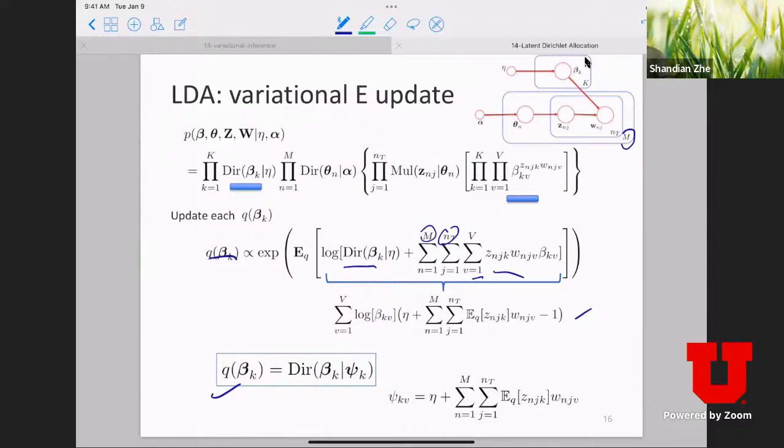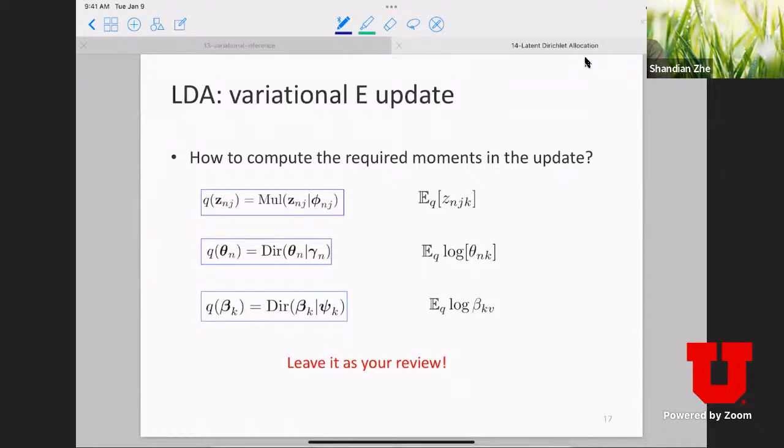And then the remaining thing is just to calculate the required expectations to obtain the corresponding parameters in the updated posterior. Because Q of z n,j is a multinomial distribution, it's relatively easy. And theta n and beta k all follow the Dirichlet distribution, right?